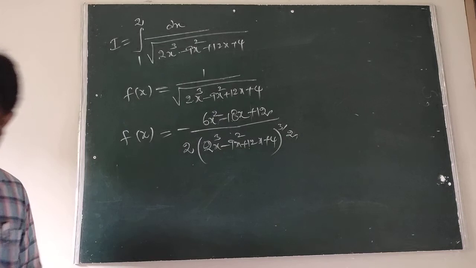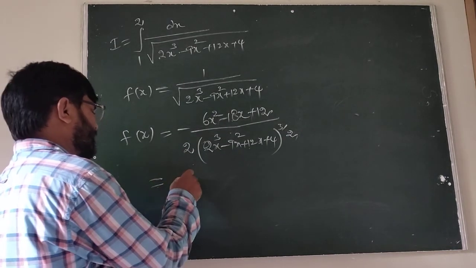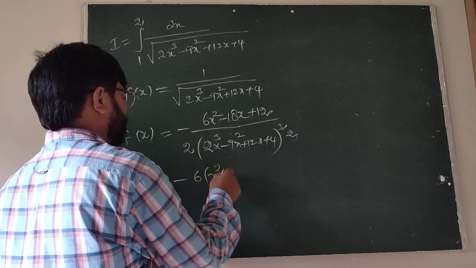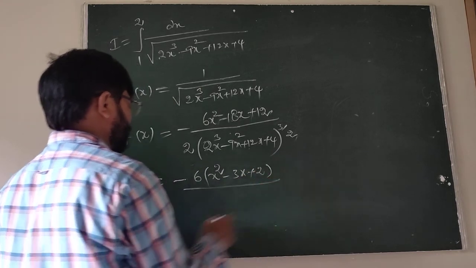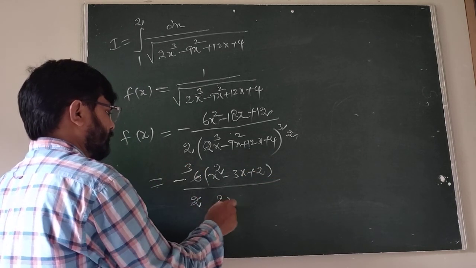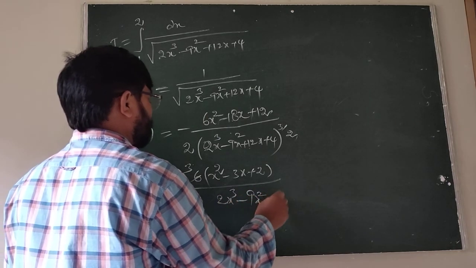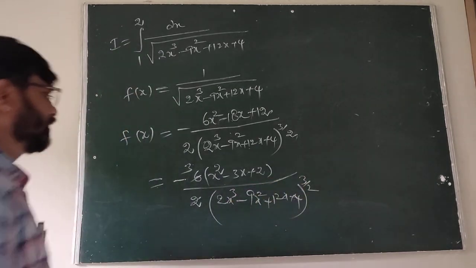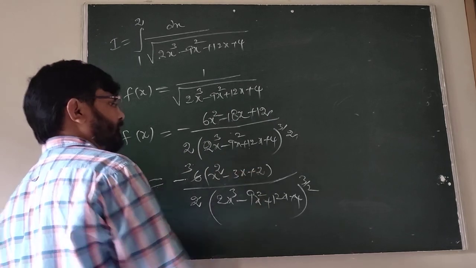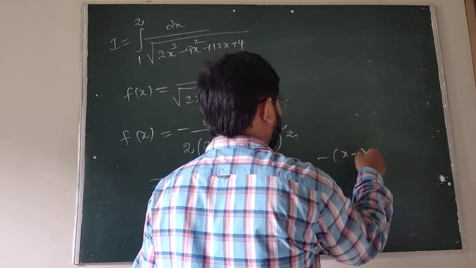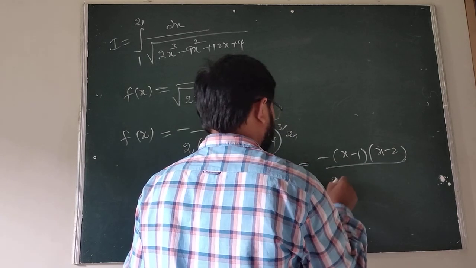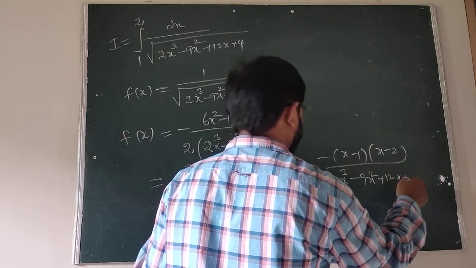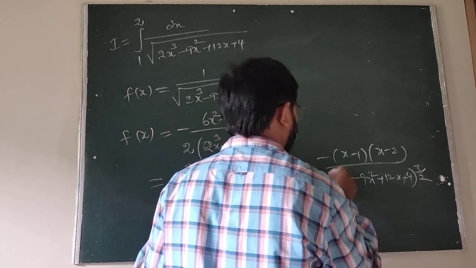Now all of you listen here, we take 6 common: x square minus 3x plus 2. Now these are the factors, we know x square minus 3x plus 2 is x minus 1 into x minus 2. So this is minus of x minus 1 into x minus 2 upon 2x cube minus 9x square plus 12x plus 4 whole power 3 by 2.